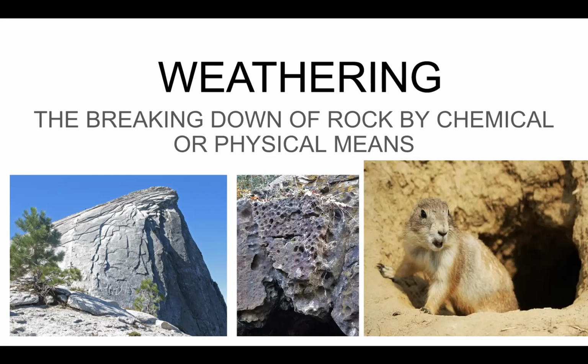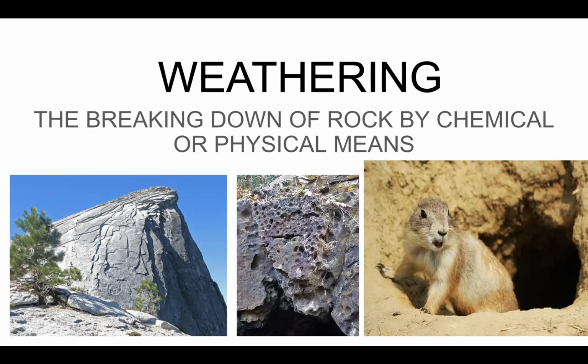Now, the picture in the middle shows chemical weathering. This rock had acid rain fall on it, and the acid in the acid rain destroyed some parts of this rock, changing it into something different. In chemical weathering, the rock is changed chemically into a different substance and then becomes sediment.